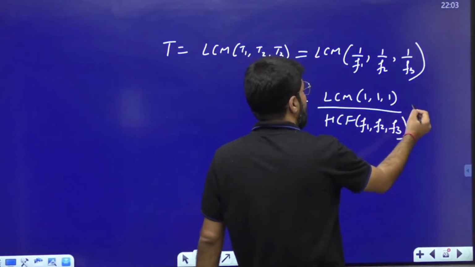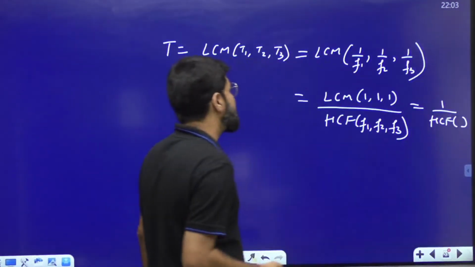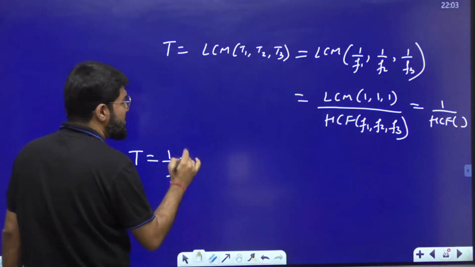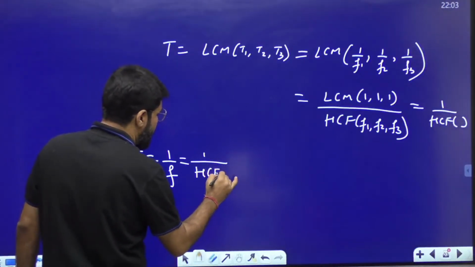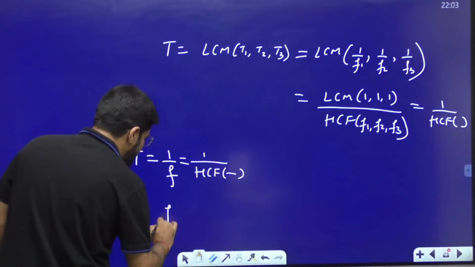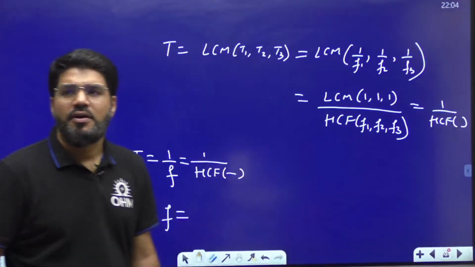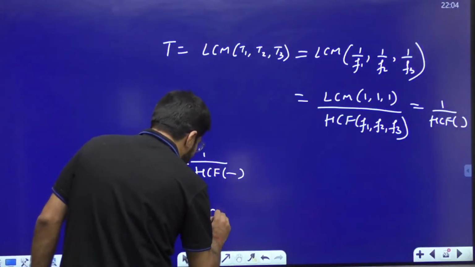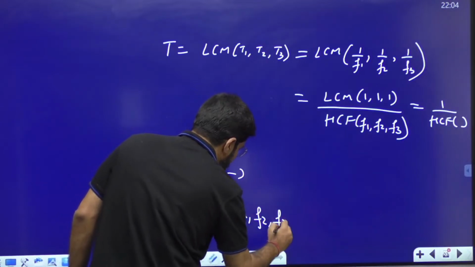The LCM of 1, 1, 1 is simply 1. So you are left with 1 upon the HCF of the frequencies. The time period is 1 upon frequency, so 1 upon frequency is 1 upon the HCF of the individual frequencies. That means if you directly want to calculate the frequency, it is given by the HCF of F1, F2, F3.